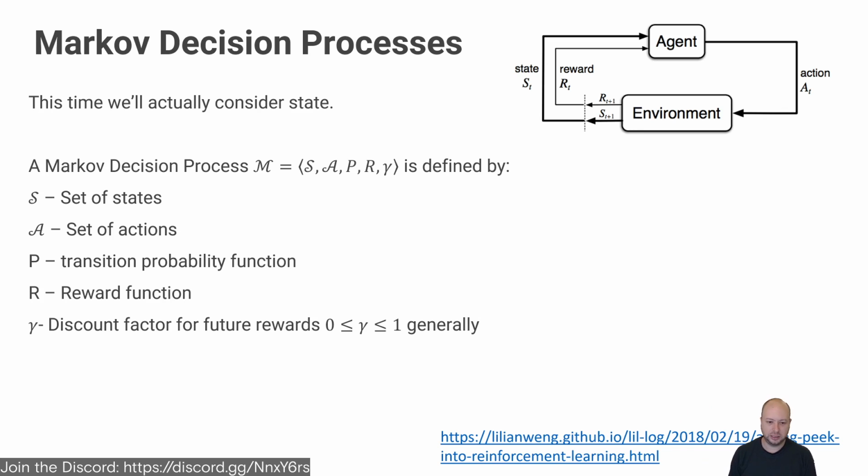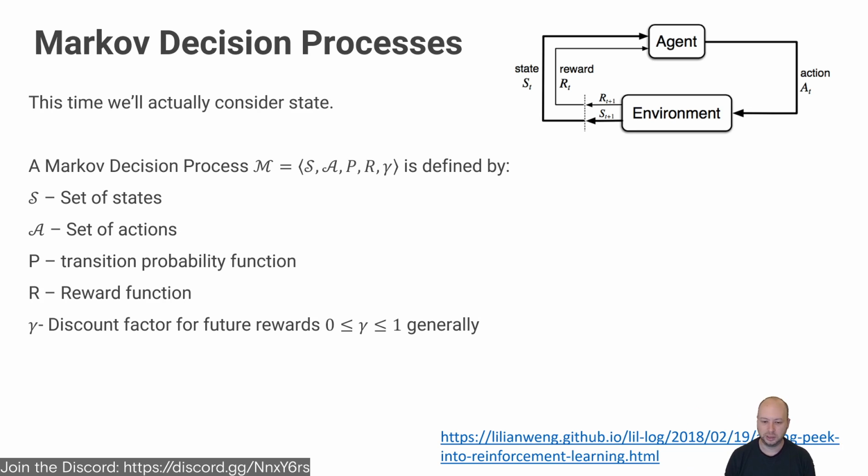So the value of discounting your future rewards is that it encourages the agent to explore faster. Whereas if you have a gamma of 1, you're not penalized for ambling about, Brownian-motioning yourself to a situation where you then receive a reward.